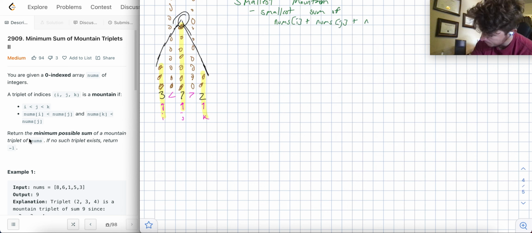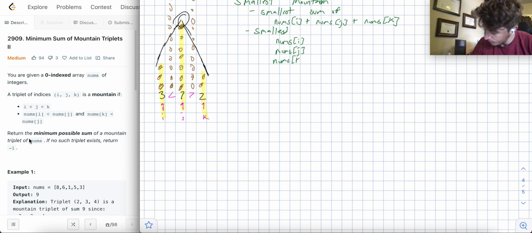And that just means that, since we want the smallest sum of its individual parts, we want the smallest nums of i, the smallest nums of j, and the smallest nums of k.